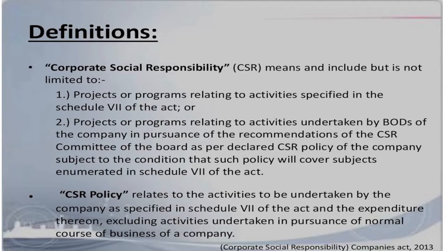Okay, so here in this paragraph we have to understand the company will take up a policy and appoint a committee, and that committee will look after implementing the CSR policy of the company by taking up the activities mentioned in Schedule 7 of the Act. CSR policy relates to the activities to be undertaken by the company as specified in Schedule 7 of the Act and expenditure thereon, excluding activities undertaken in pursuit of the normal course of business by the company itself.